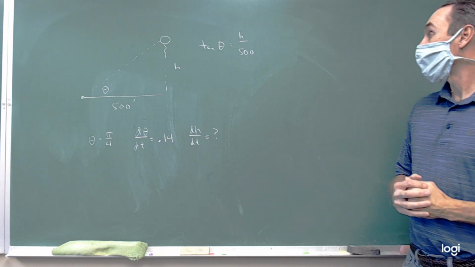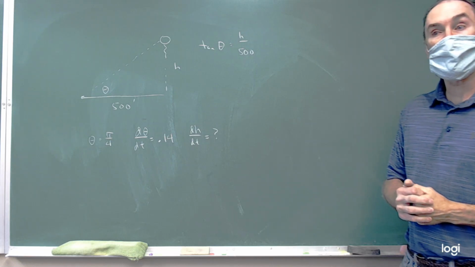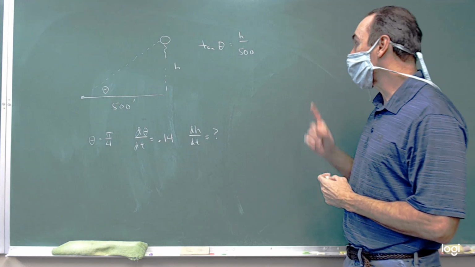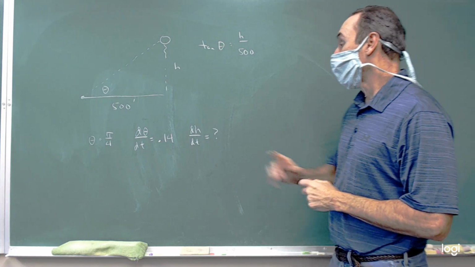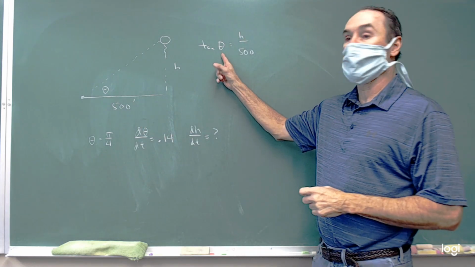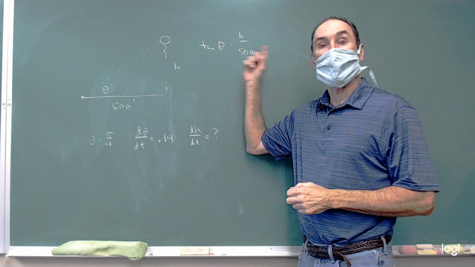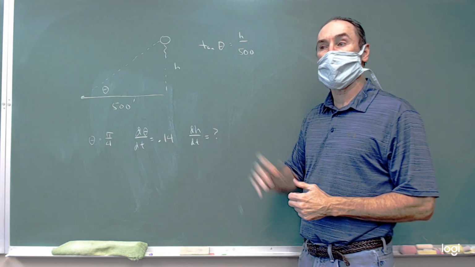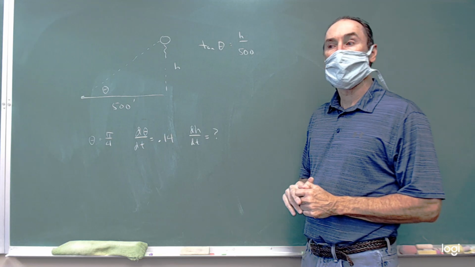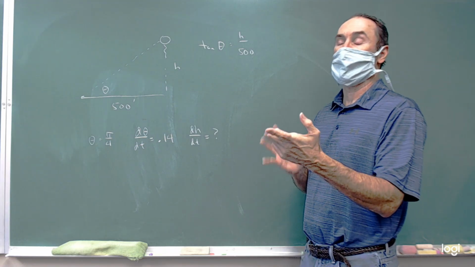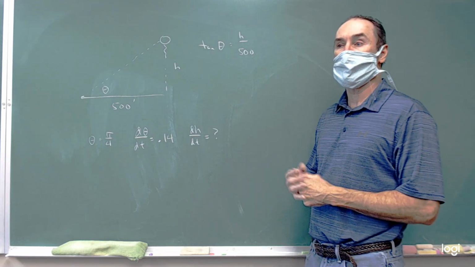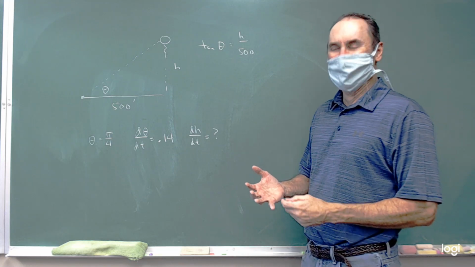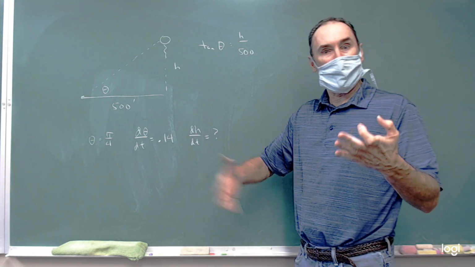So should we go ahead and differentiate that? Now here's the question that people get into trouble with. Can we plug the pi over 4 in for theta first, or do we have to differentiate first and then plug in the pi over 4? Differentiate first. That's correct, because theta is changing with time.